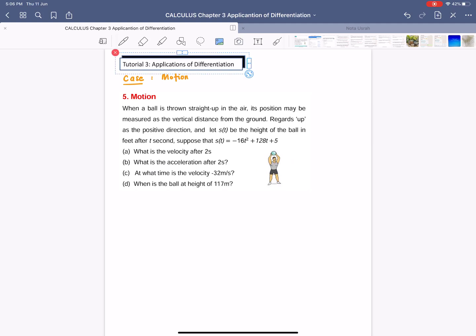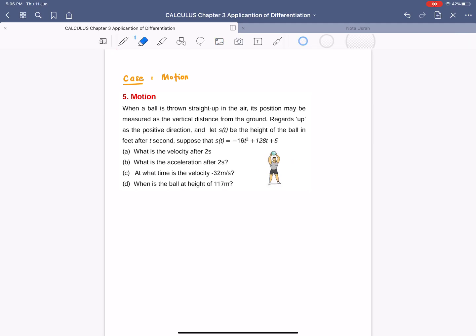This example is not from your tutorial, it is from your lecture slide. I take it to explain it here because maybe you don't really understand how we want to solve the problem.